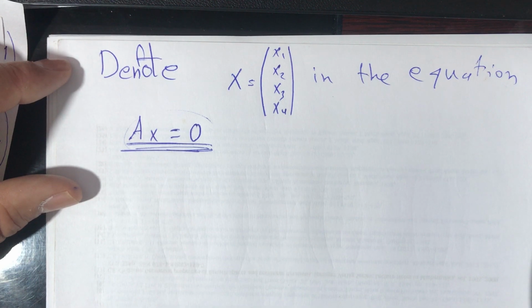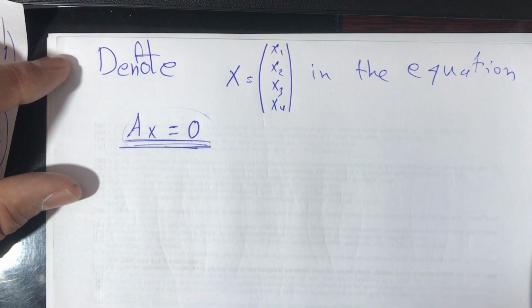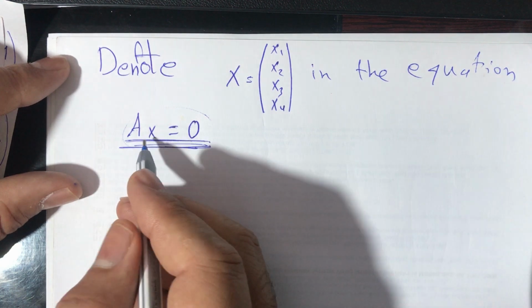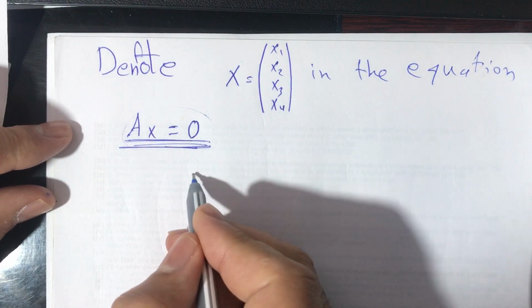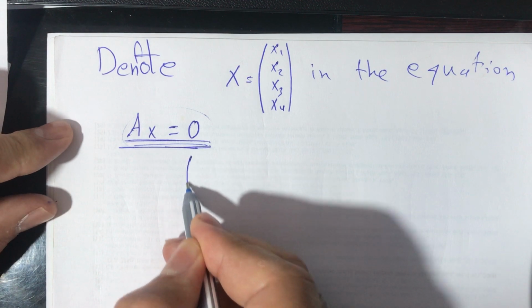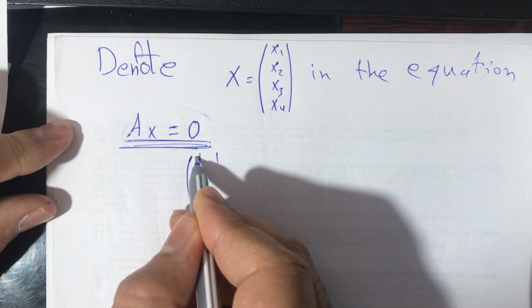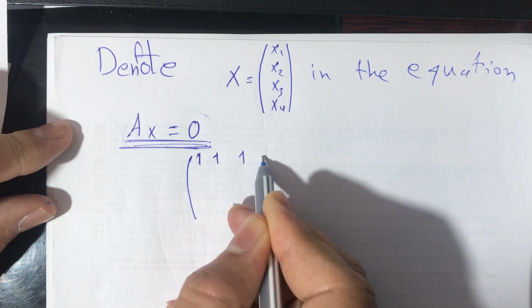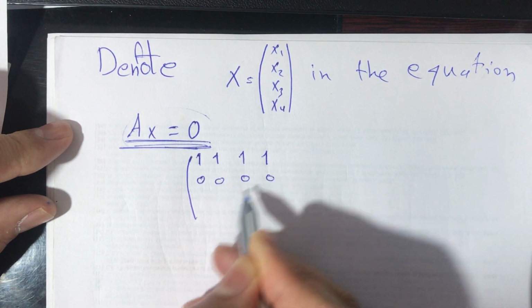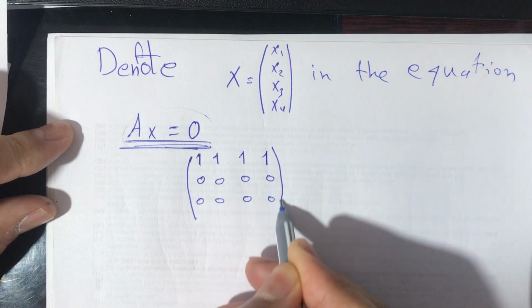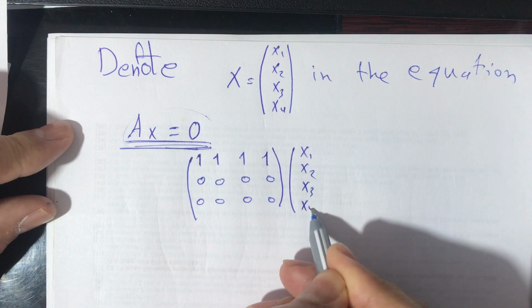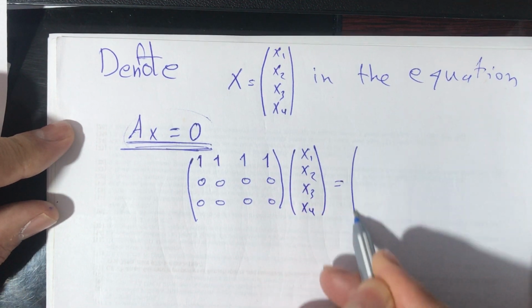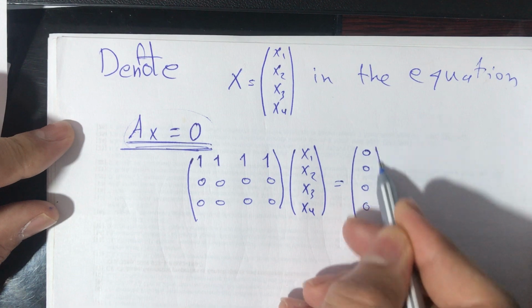And now we try to find values of x1, x2, x3, x4. This is A, that means 1 1 1 1, this is 0 0 0 0 here, also 0, all of them, times x. This is x1 x2 x3 x4. This is equal to 0 0 0 0.